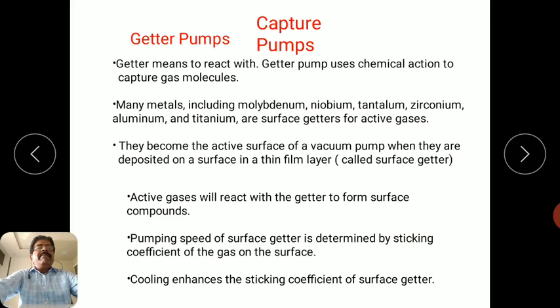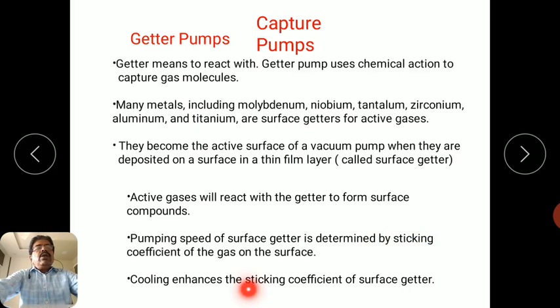If it is high, then definitely that gas molecule will stick with the surface and get a chance to react chemically to form the chemical compound, so that it will be captured on the surface. So the pumping speed is determined by the sticking coefficient.